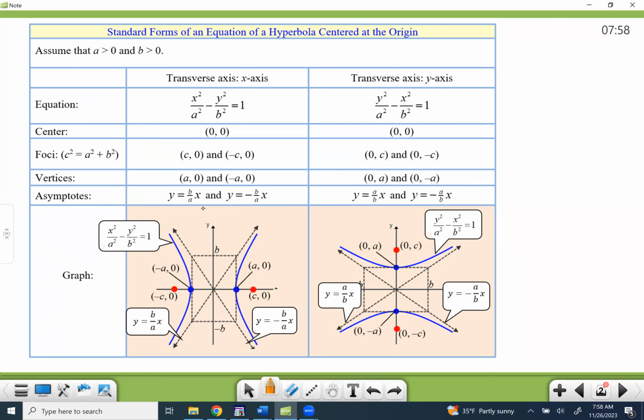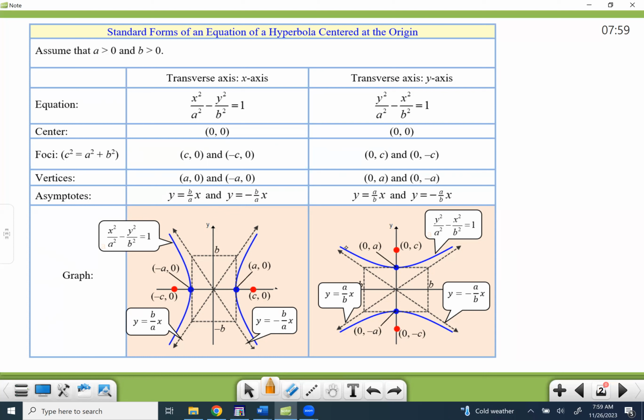And then down here, we have something new. We're going to have formulas for some asymptotes. If you look at the picture, we've got these dotted lines that are kind of guiding the hyperbola. It's going to come out and get closer and closer to that asymptote. Same thing down here. These are the equations to find those lines. If we open horizontally, in the x direction, then it's going to be b over a.